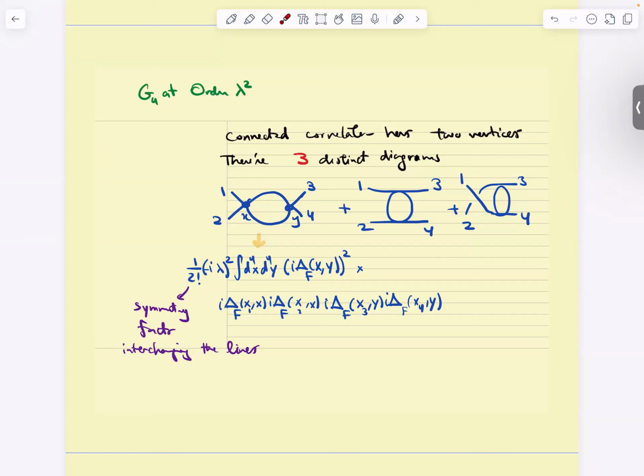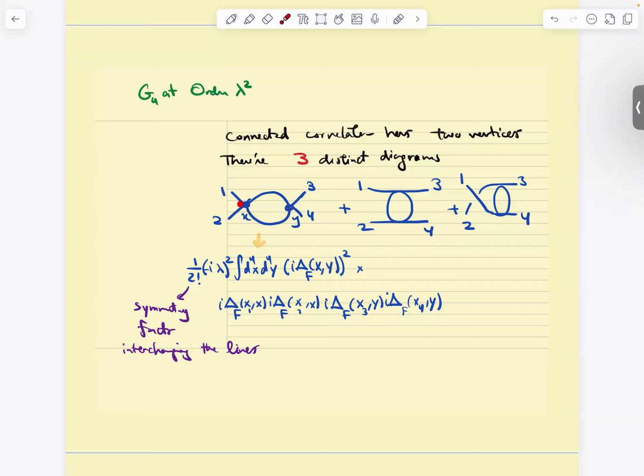All right. So these are related by symmetry to the first one. So let's just look at the first one. What is this in real space, by the laws of Feynman diagrams? So minus i lambda for each vertex. So there are 2 of them. 1/2 is a symmetry factor. Interchanging the lines, think about why that is a symmetry factor.